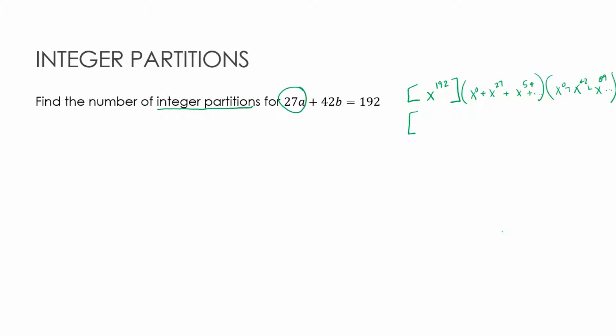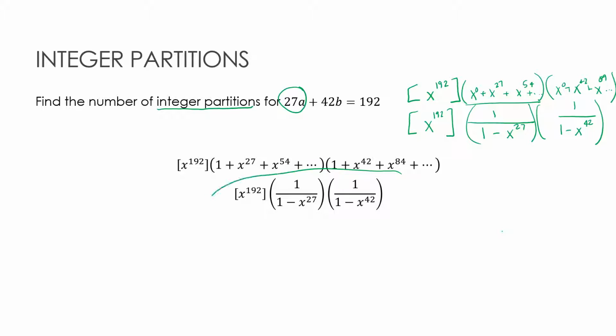But really, I don't care about that line of work. What I really want is, how am I going to write this? Well, that's 1 over 1 minus x to the 27. And this is 1 over 1 minus x to the 42. And again, that's all I have to do. I don't have to work anything out.